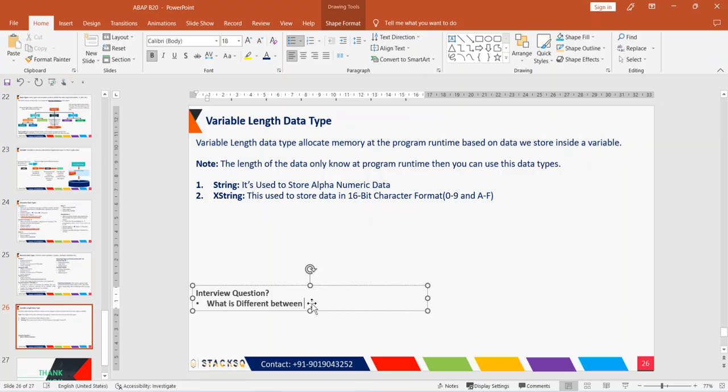Okay, so let's say interview questions. What is the difference between character and numeric character?